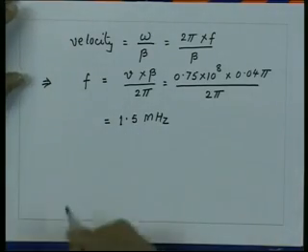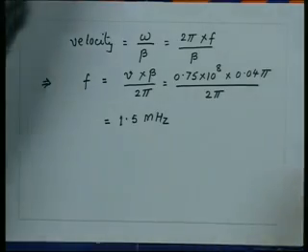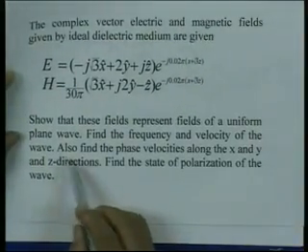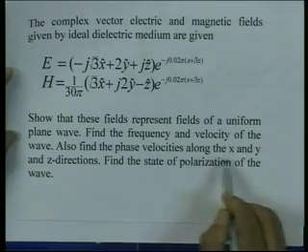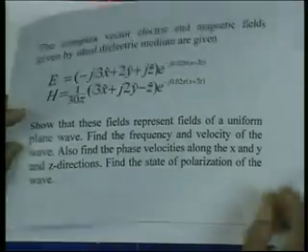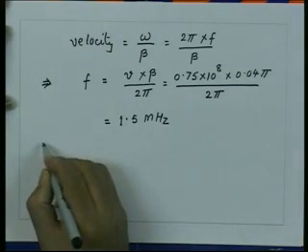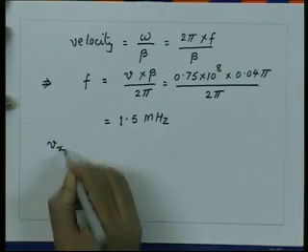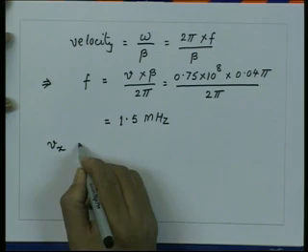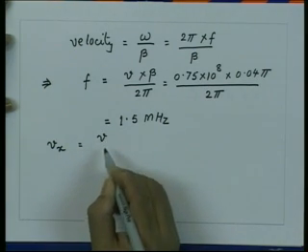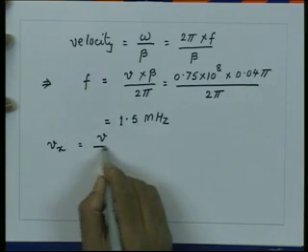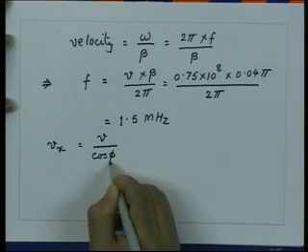The next thing we have to find out is the velocity of the wave along different directions. We are supposed to find the phase velocities along x, y and z directions. As we know, the phase velocity along x direction, Vx, is equal to V divided by cos of phi x.